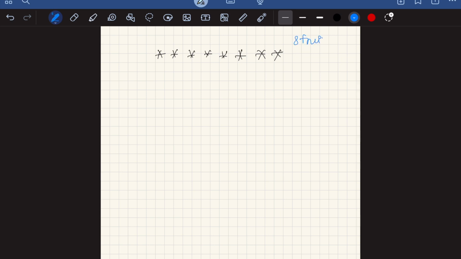So basically, you want to put 3 partitions because you have 4 varieties of fruits. So you want to put 3 bars, and so your n is 8 and k is 4.